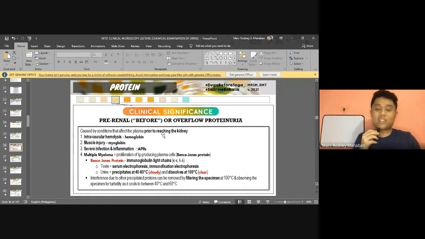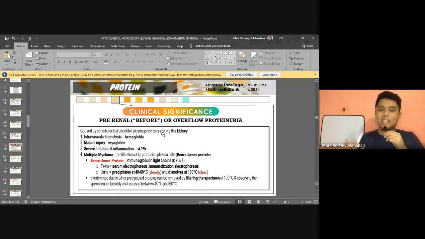Now, interference of other precipitated proteins can be removed by filtering the specimen at 100 degrees Celsius because the rest of your normal proteins or other proteins will precipitate at 100 degrees Celsius. So, pag examine nimo sa specimen, if ma-cloudy siya at 100 degrees Celsius, then that's possibly due to the presence of other proteins aside from Bence-Jones protein.